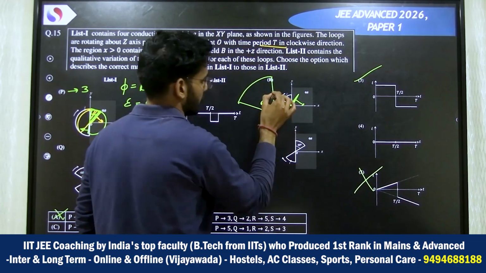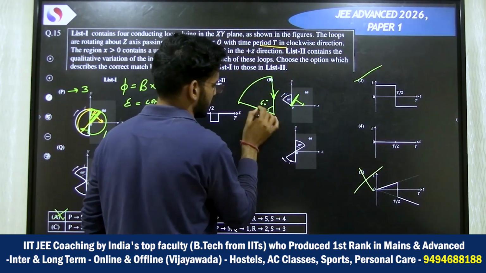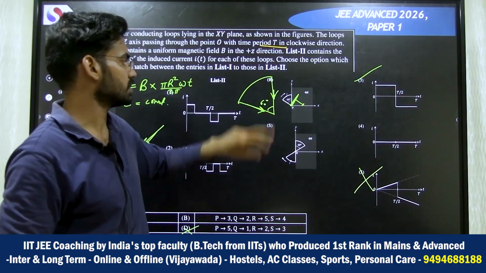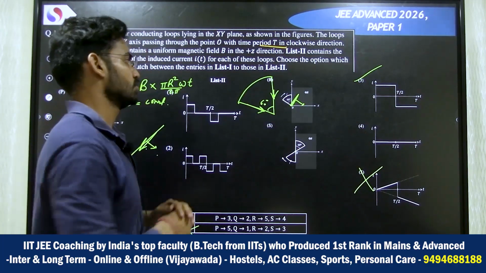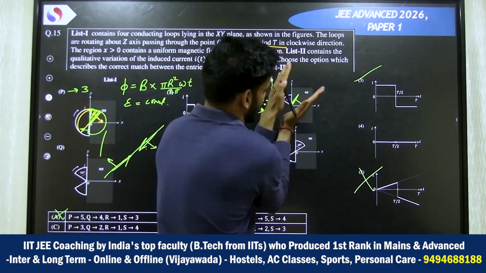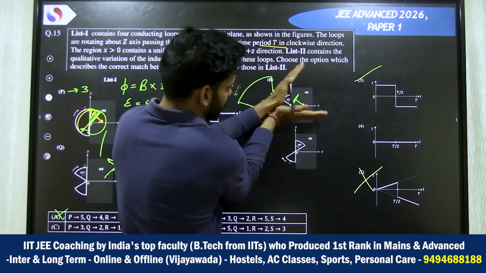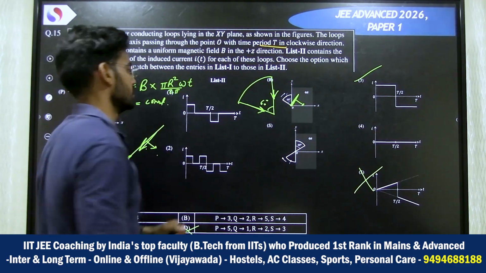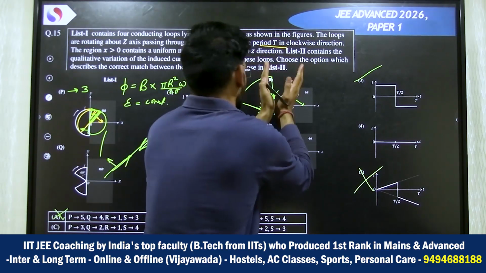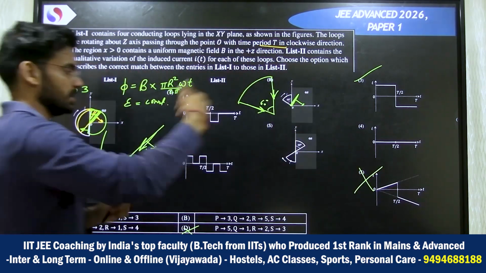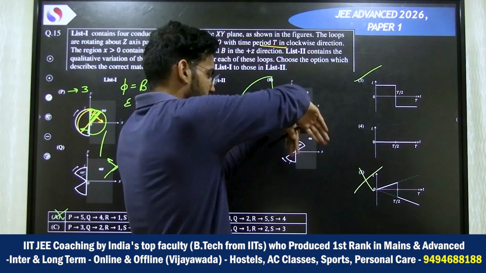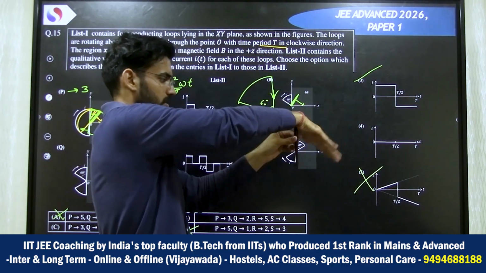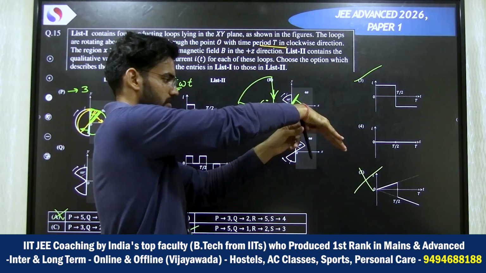So in this one EMF will come down, and in this one also EMF down, so current will flow in this one down, this one down. Both have the EMF this side, so this will cancel out and it is 0, right? So after passing this 60 degree, once it came inside completely, then EMF is 0. Until it goes like this, till then EMF is 0 only. Then when it starts coming out, this is one hand, this is one, with a 60 degree angle in between them.